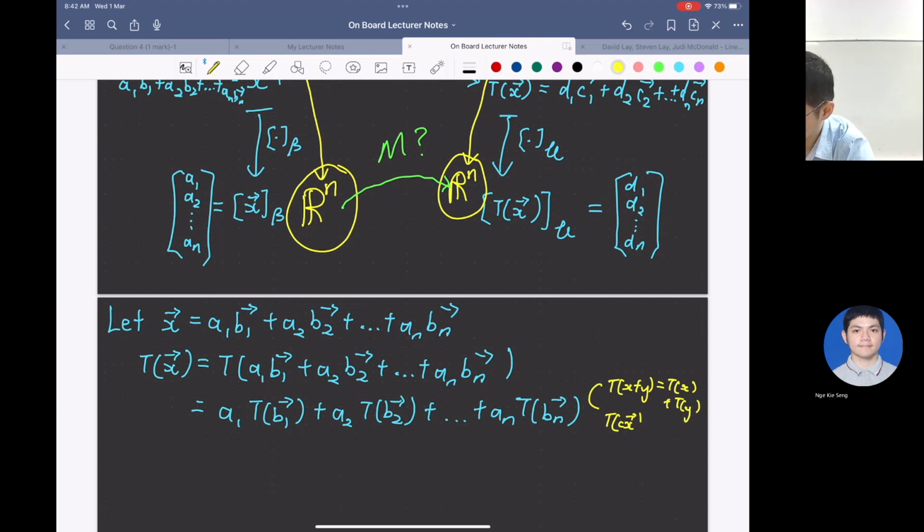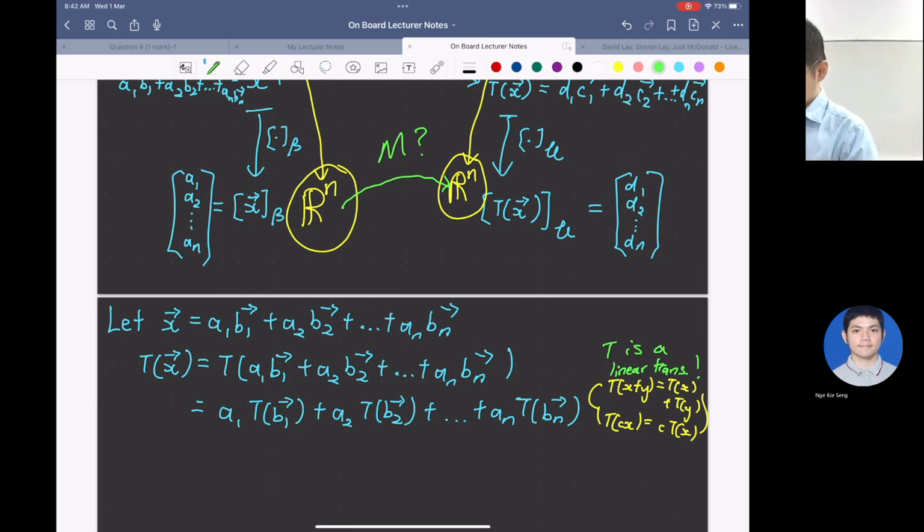Or in one word, T is a linear transformation.